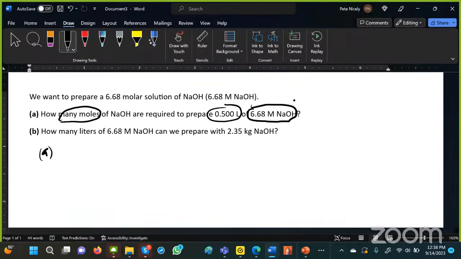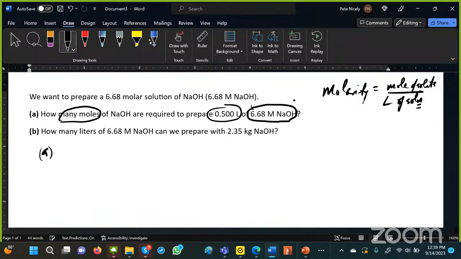Well, remember the formula for molarity, which we used a while ago: moles of solute divided by liters of solution, right?